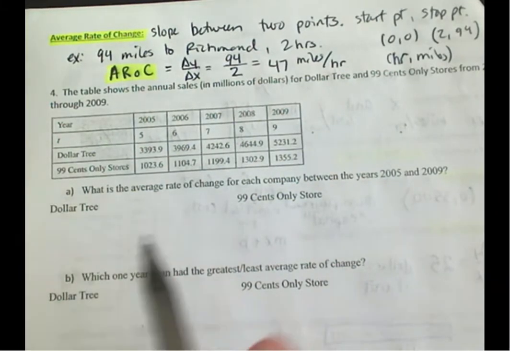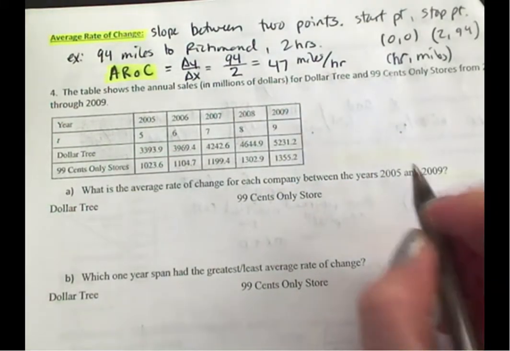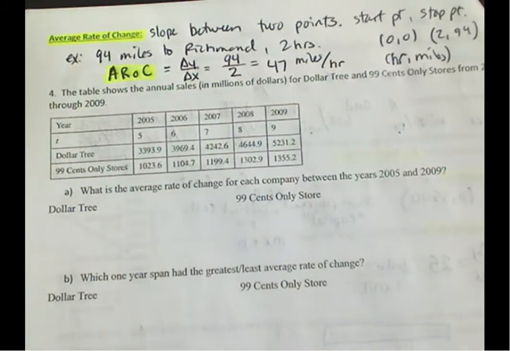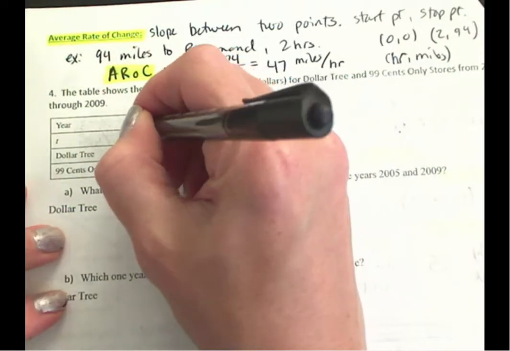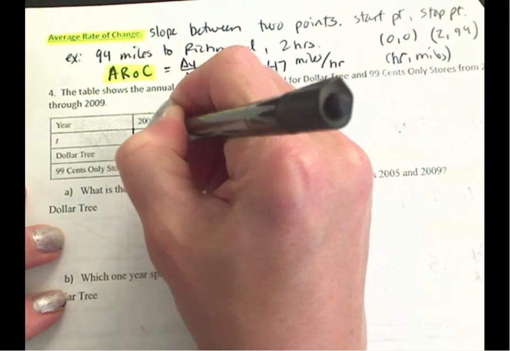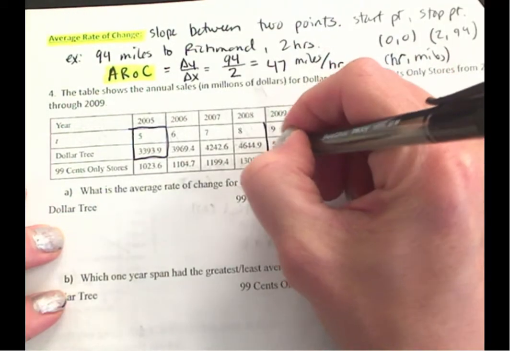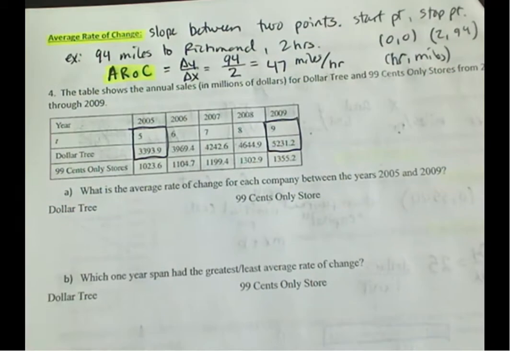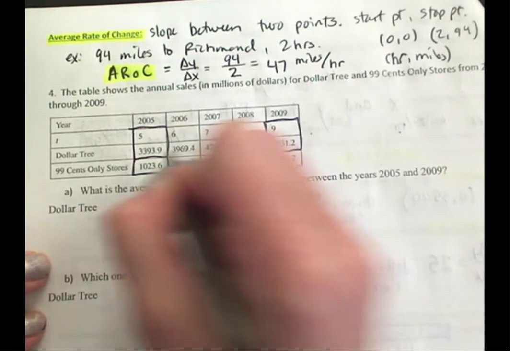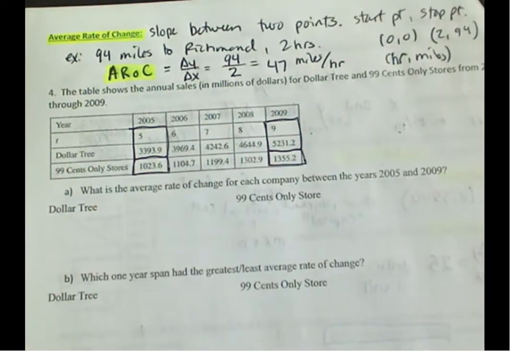Okay, the average rate of change for each company between 2005 and 2009. So here's dollar store. There's one point. Here's the other point. 99¢, here's your other one. Find your average rate of change.